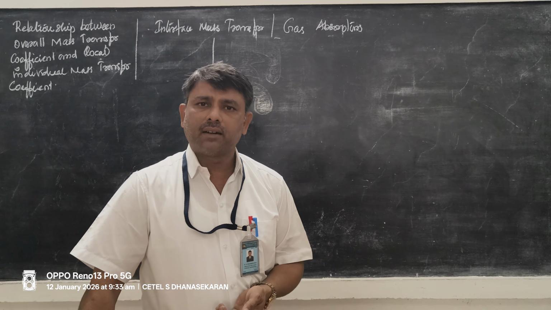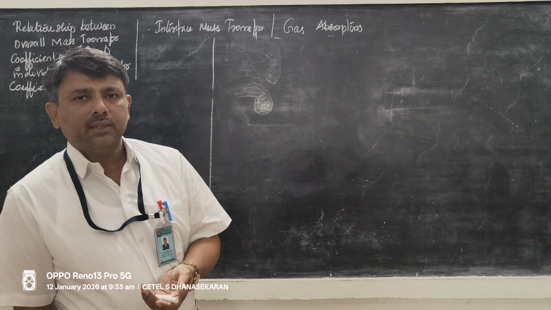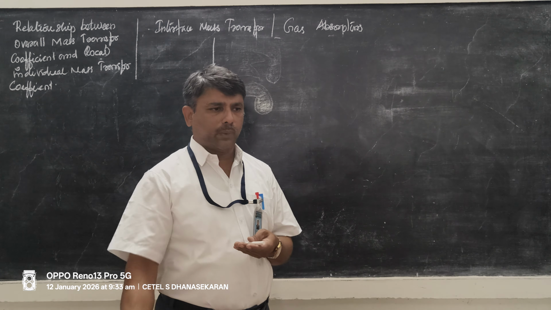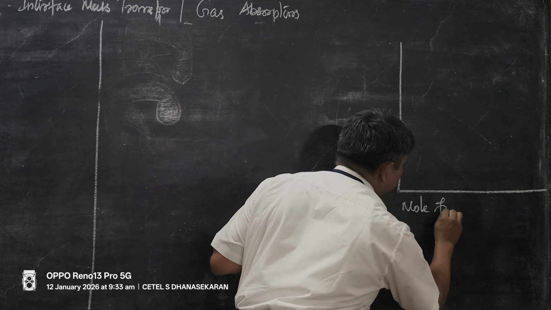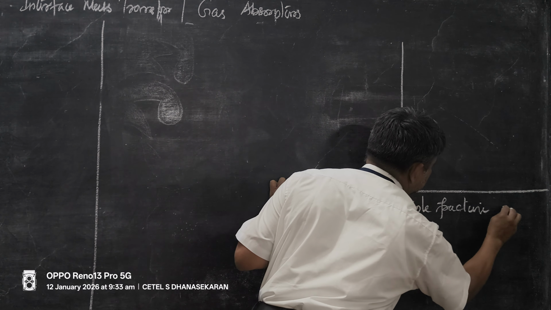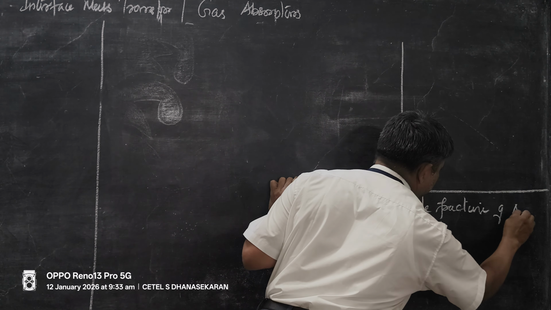For this case, I am going to develop the relationship between the overall mass transfer coefficient and the individual or local mass transfer coefficient. For this discussion, we need a simple experiment. Let us perform the simple experiment. On the x-axis, I am going to take the mole fraction of component A in the liquid phase, the notation is XA.